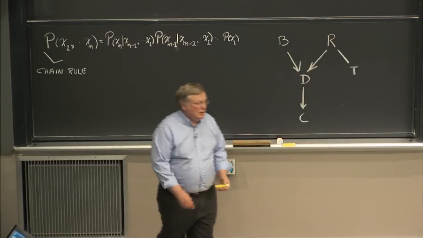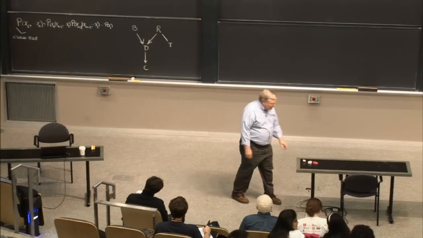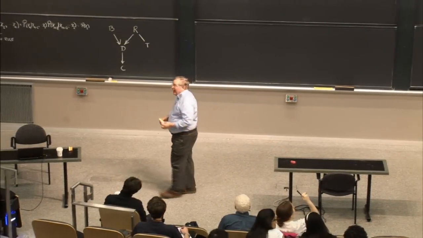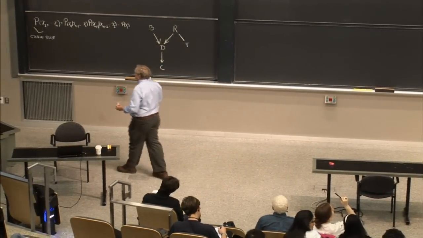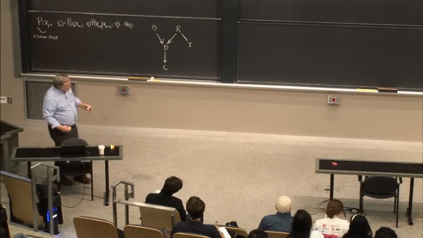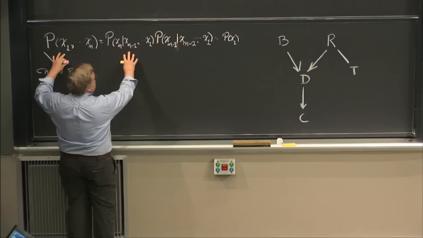So, what to do? Well, we're going to use the chain rule. And remember that the chain rule came to us by way of the basic axioms of probability, plus a definition, plus a little colored chalk. So we got to the point last time where we sort of believe this. It's a really magical thing.